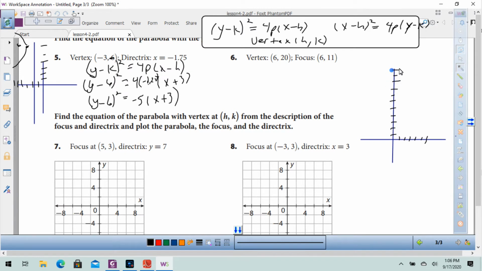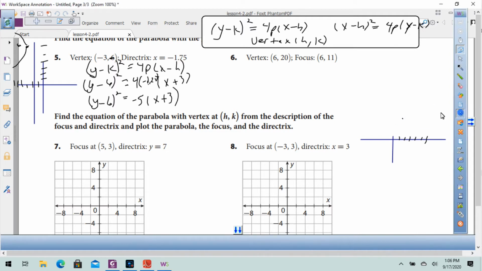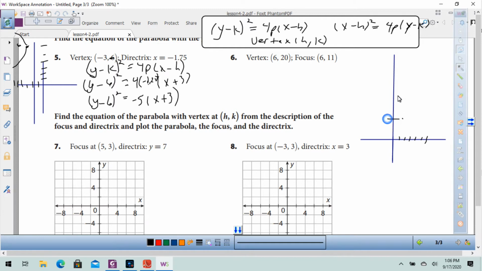I drew it about half along. 11, 12, 13, 14, 15. Maybe I need to change the scale. I'm going to change the scale. We'll say 5, 10, 15, 20. So 20 would be right there.